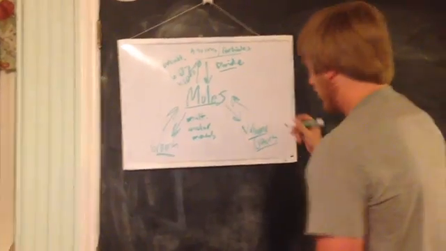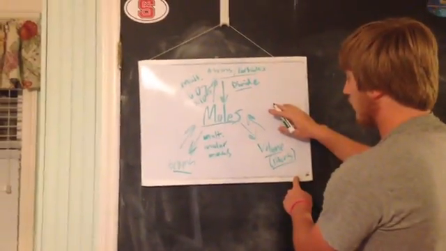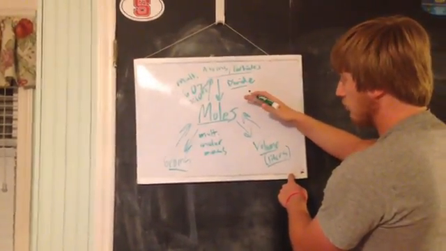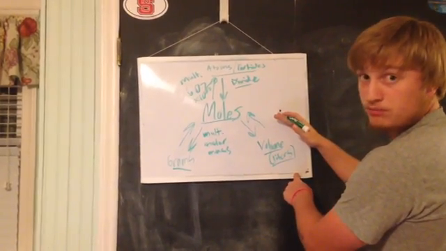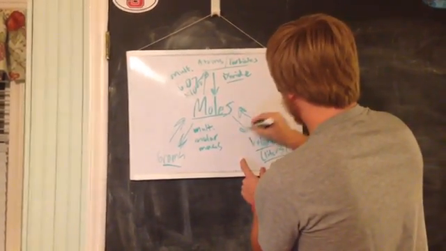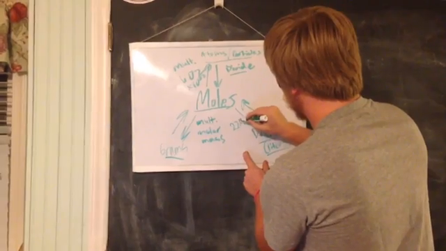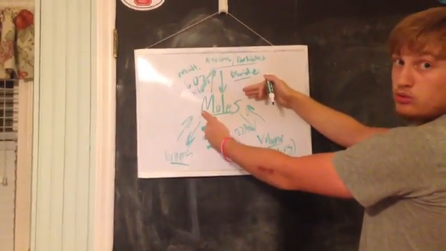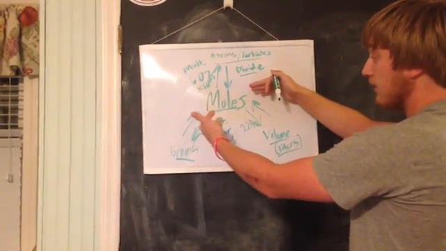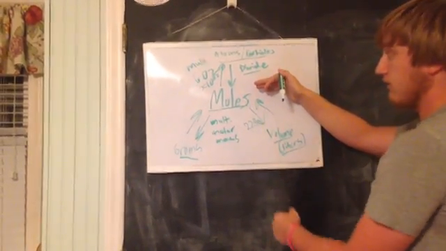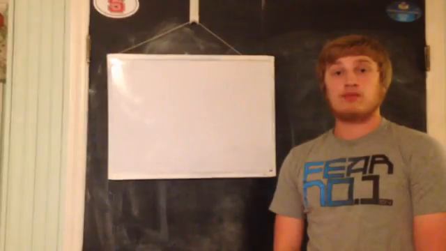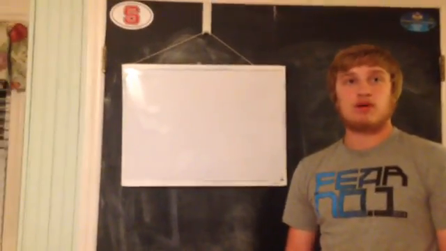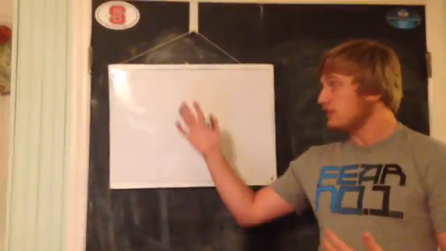And over here in volume, if you're going from moles to volume, you would multiply by 22.4. And if you're going from volume to moles, you would just divide by this same number right here.